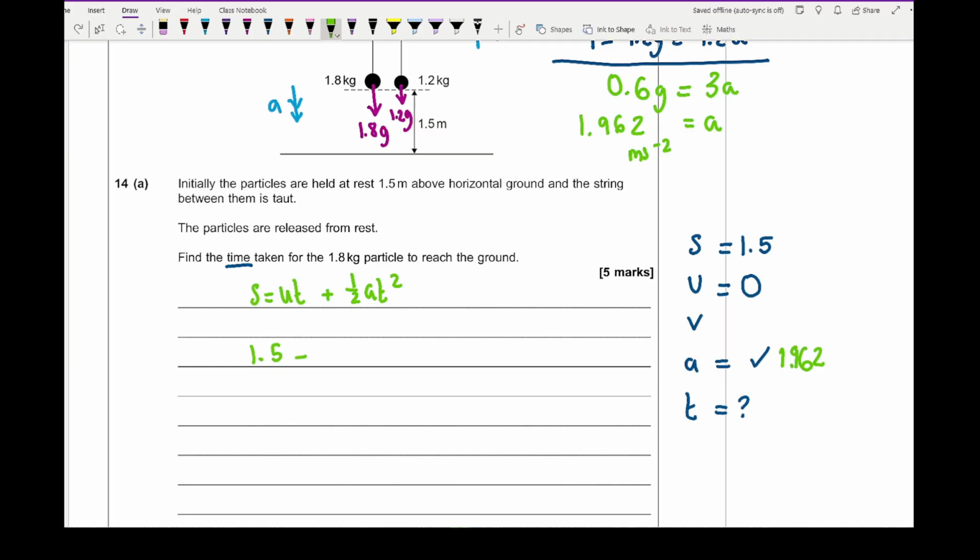So 1.5 is equal to 0 times t, which would be 0 anyway, so it's half times a times t squared, and we want to solve for t, so we can remove the times by half, so we can either divide by half or multiply by 2, then divide by 1.962, and remember to square root the answer. So by square rooting you are going to get t is equal to 1.24 seconds.